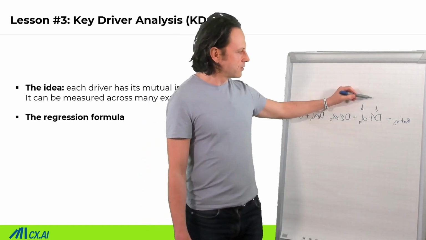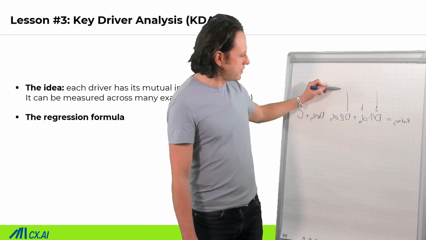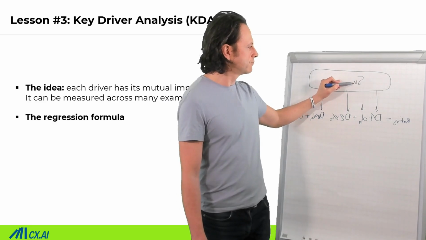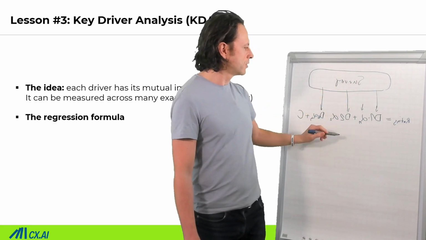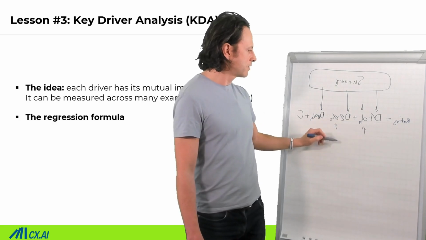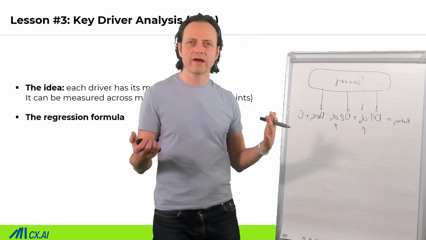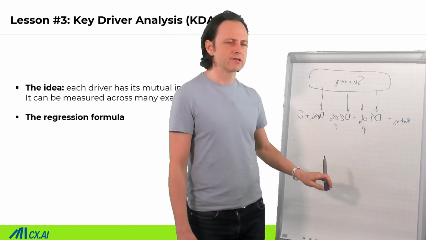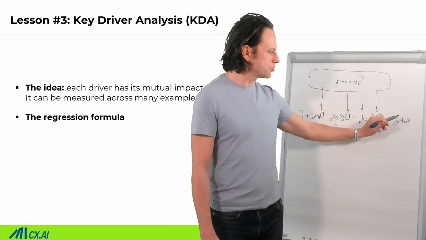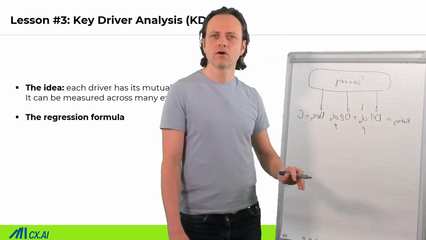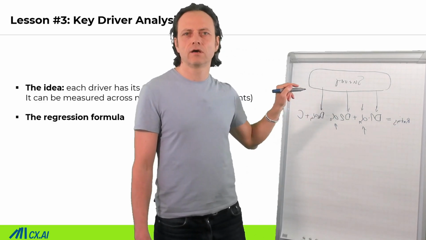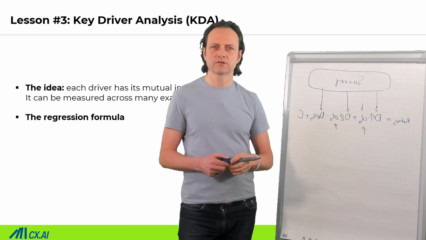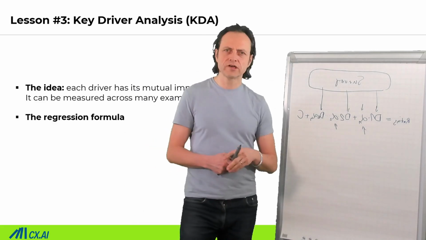So the data, the drivers, come from the survey, and the parameters are found by analysis. That's basically what the regression is doing. It finds those alphas so that it best predicts the rating of every single respondent. I will show you this as a visualization in a minute, but that's the idea of the regression.